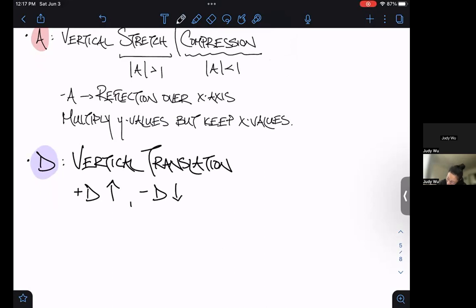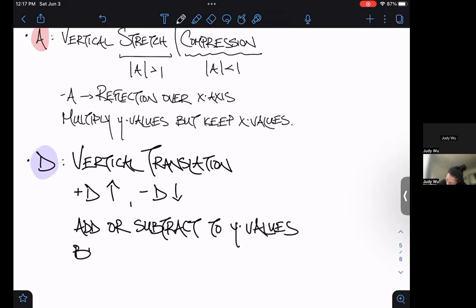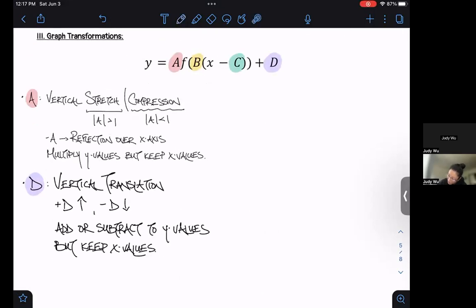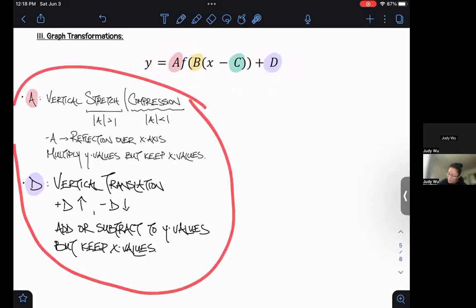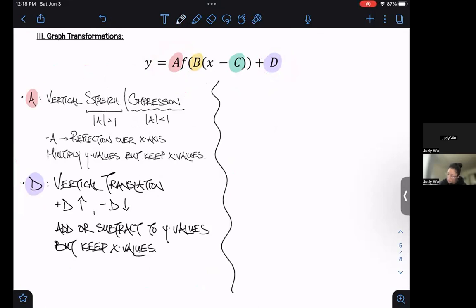In this case, we add or subtract to y values, but keep the x values. So the A and the D change y values and either stretch or shrink the function, or they shift the function up or down, okay?